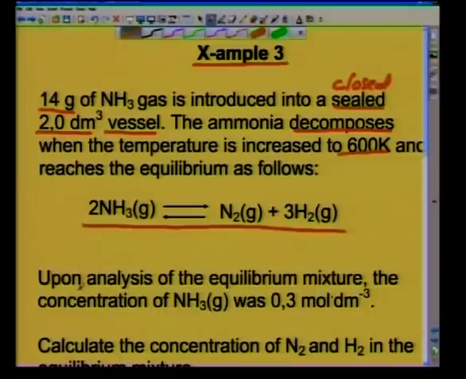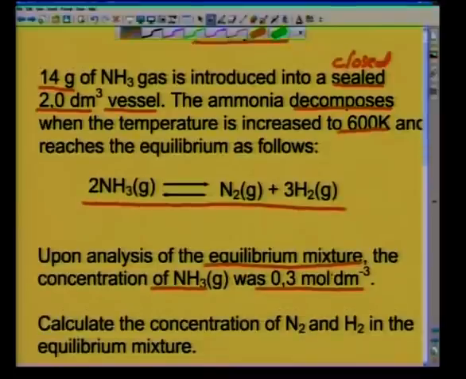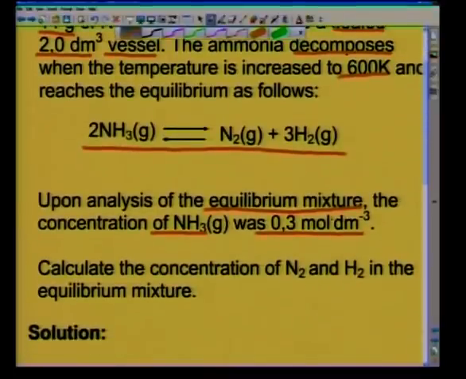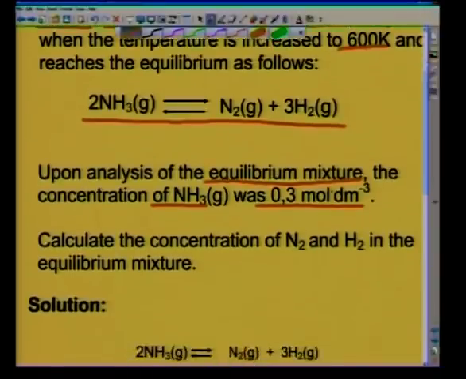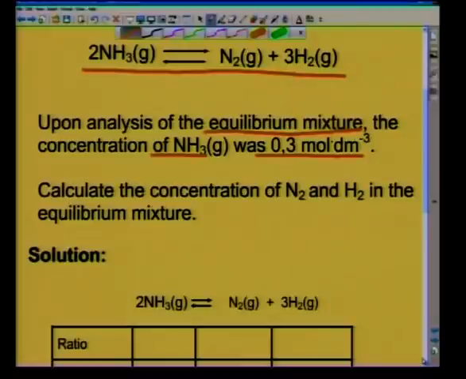Now, upon analysis of the equilibrium mixture, we find that the concentration of ammonia is 0.3 mole per cubic decimeter. The question is, calculate the concentration of N2 and H2 in the equilibrium mixture. Now, let's quickly write down what is given to us here.